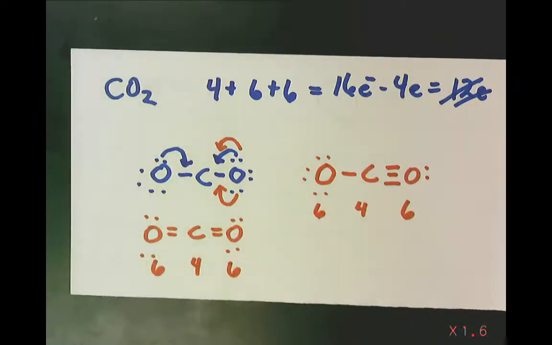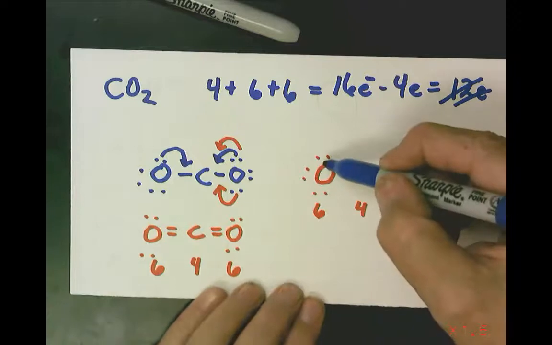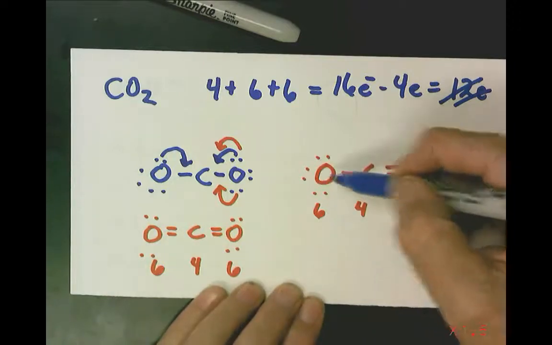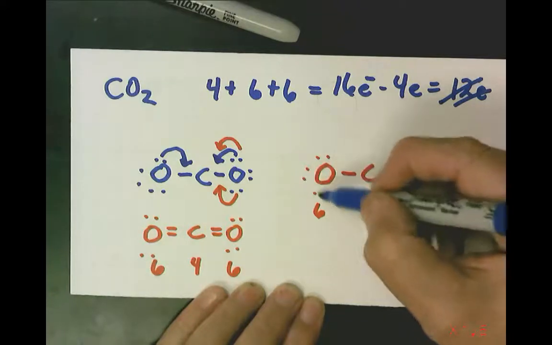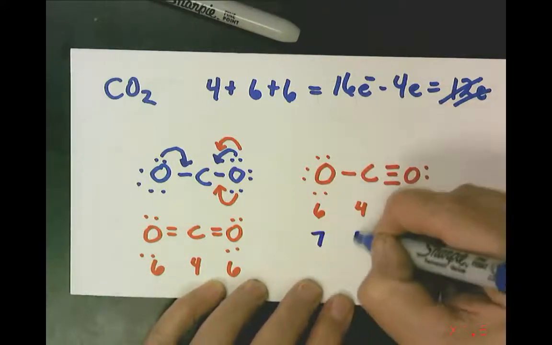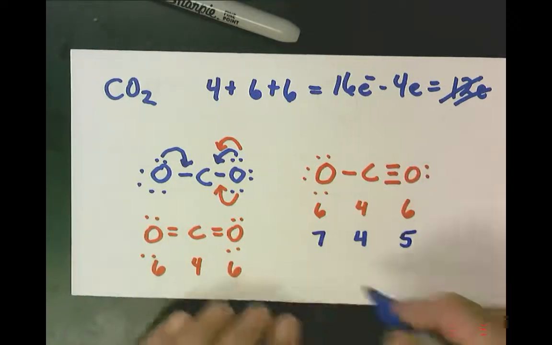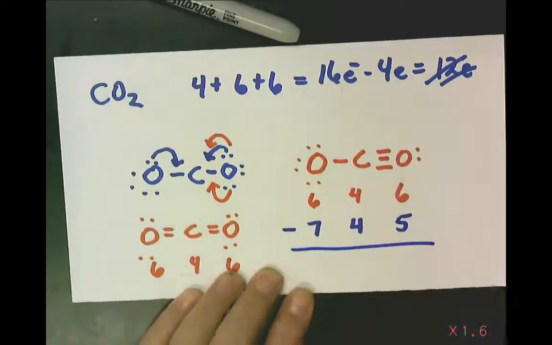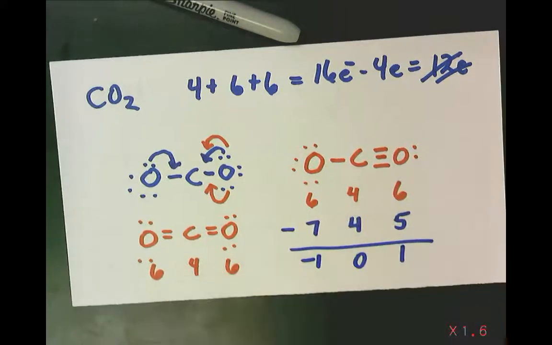Okay, then now you count up all the electrons each atom has. Lone pairs go to its atom, and then shared pairs each get 1. So we've got 2, 4, 6, 7 for this oxygen. 1, 2, 3, 4, 4 for the carbon, and then 2, 3, 4, 5 for this oxygen. Now you subtract. Okay, 1, 0, negative 1.